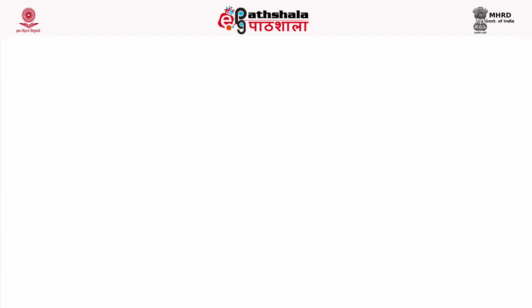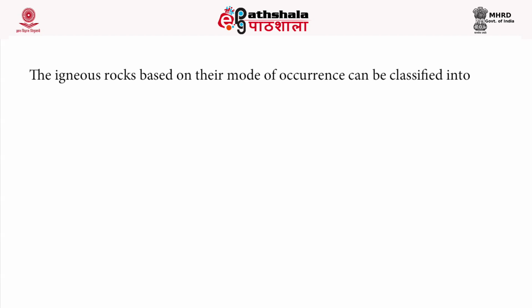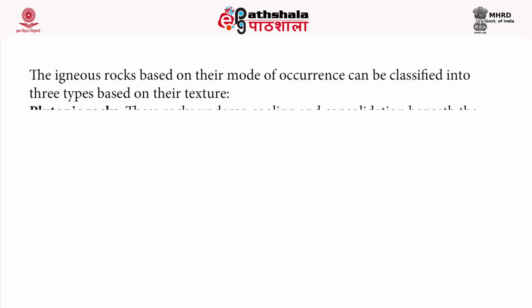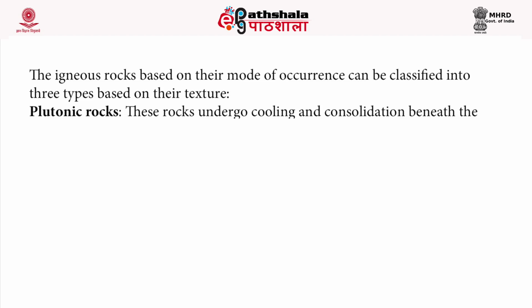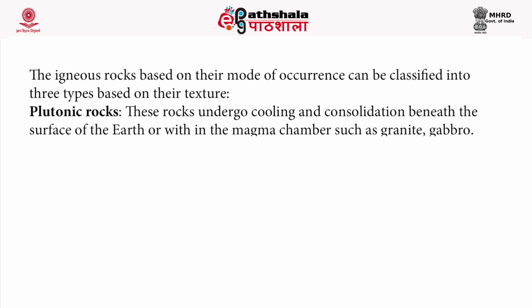Igneous rocks, based on their mode of occurrence, can be classified into three types based on their texture. Plutonic rocks. These rocks undergo cooling and consolidation beneath the surface of the earth or within the magma chamber, like granite and gabbro. Volcanic rocks.